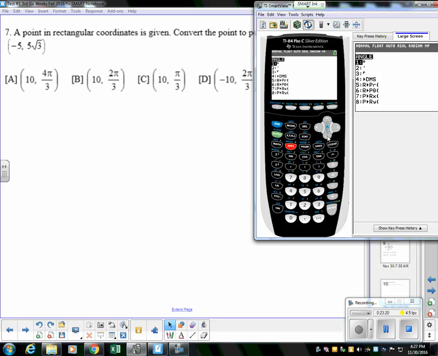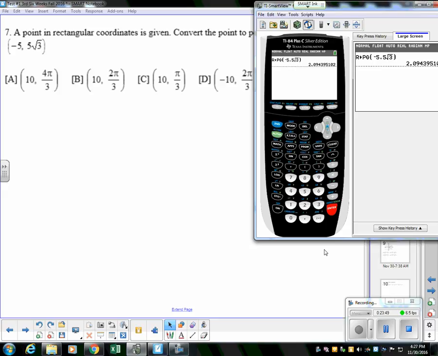This time I want rectangular to polar theta. Again, I'm going to put my point in, -5, comma, 5 square root of 3. I get 2.09435 just like that.